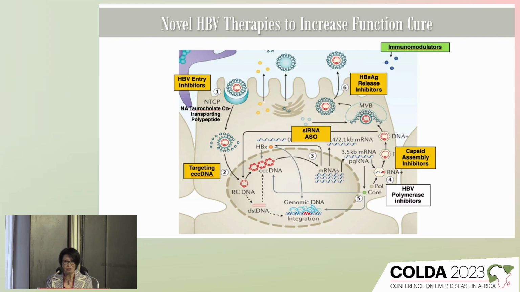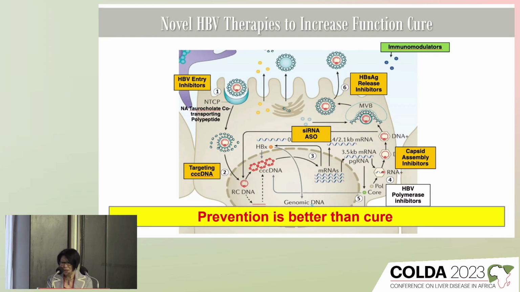Fortunately, we do have a lot of new hepatitis B therapies in development, at different stages of development, to increase the functional cure, either directly or indirectly. However, prevention is always better than cure.